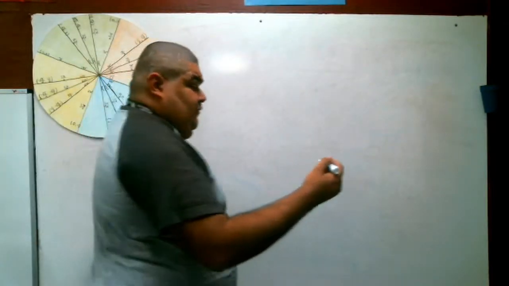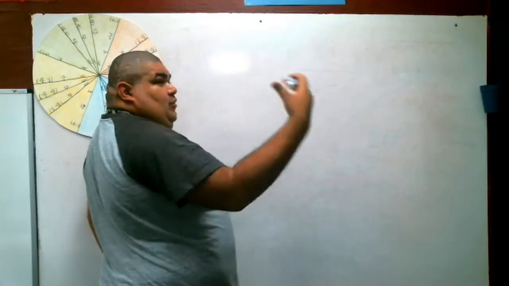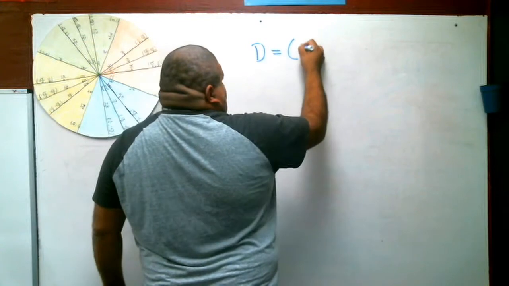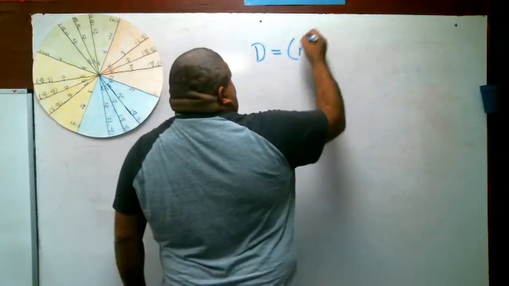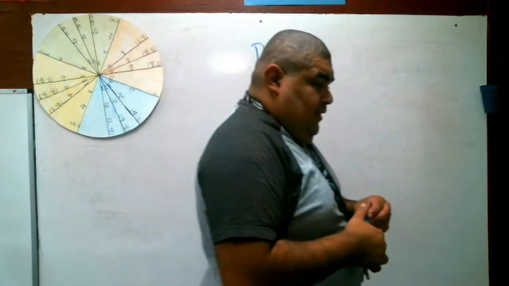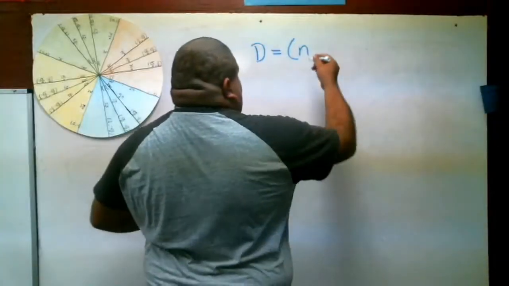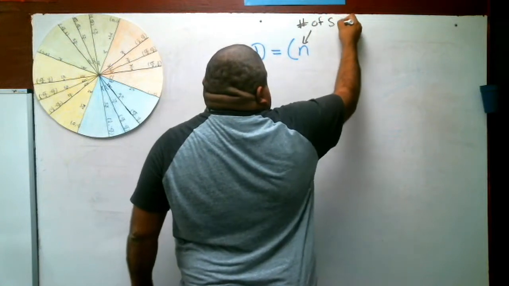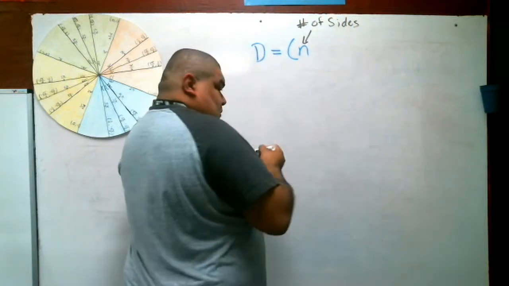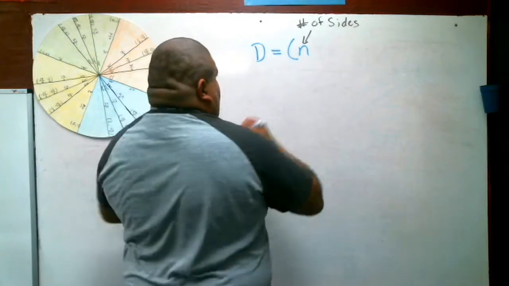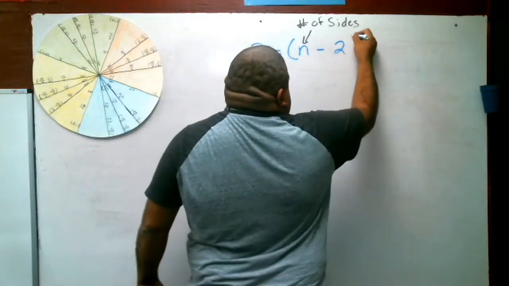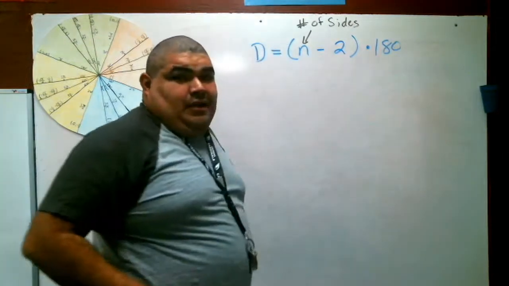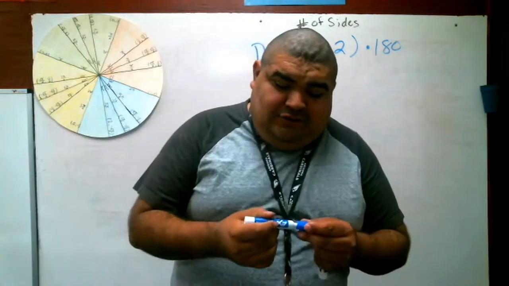Remember the equation: degrees equals n, which, if you remember, was the number of sides, minus 2, times 180. That was the equation we used last class.